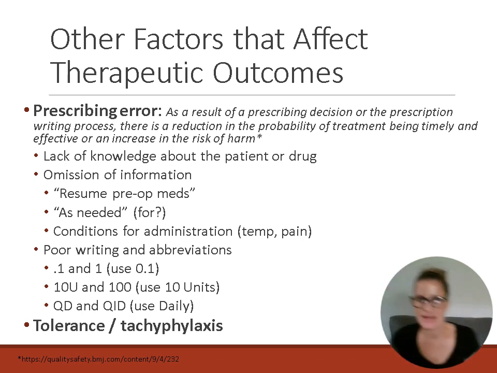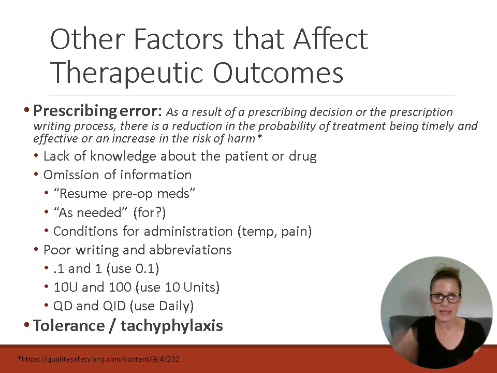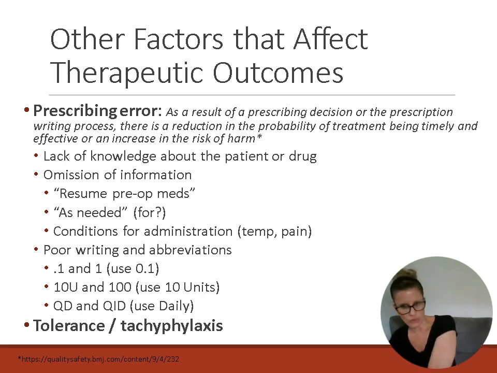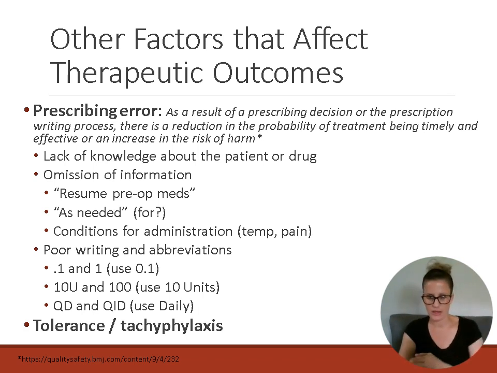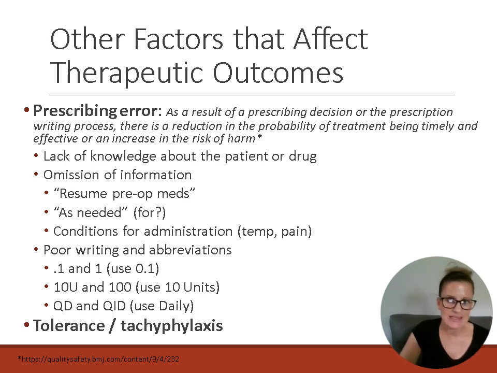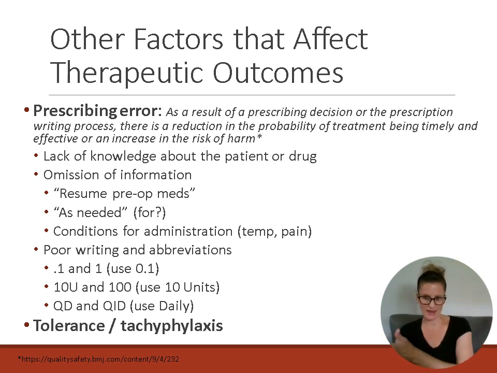Or if a medicine is taken PRN, that is like as needed. So if you say, take this medicine as needed, you have to indicate what it's being taken for. So, take as needed for shortness of breath, as needed for pain, as needed for chest pain.